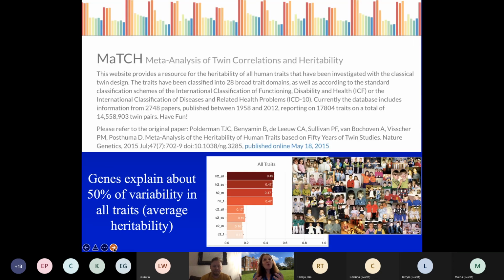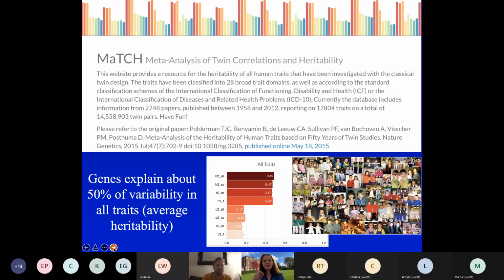And so this illustrates that there is some genetic contribution to most human traits. If you are interested in more evidence of this simple statement, I really recommend this interactive website where a group of researchers summarized a lot of evidence from many studies, actually studies of more than 14 million pairs of twins, and presented evidence for different human traits, from heart disease to motivation.